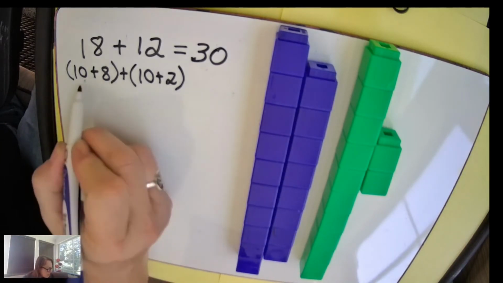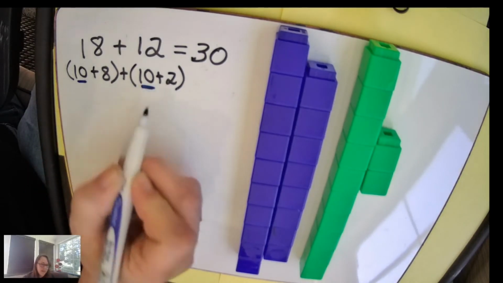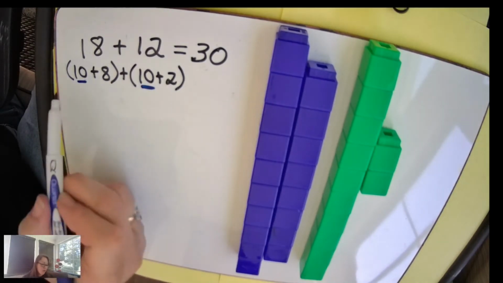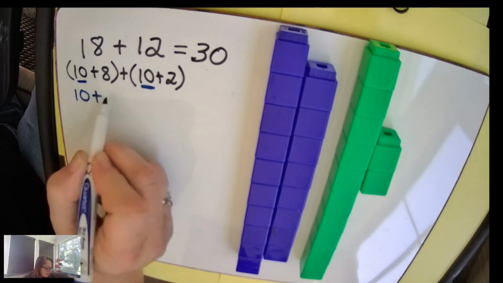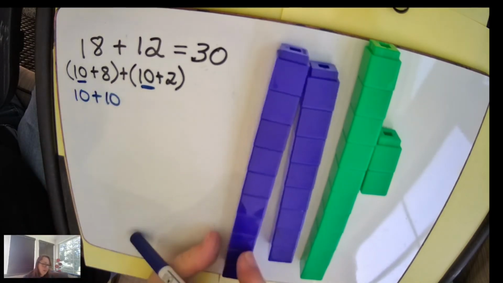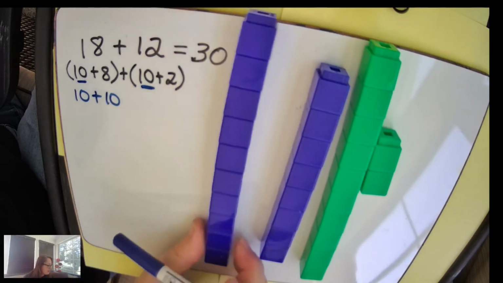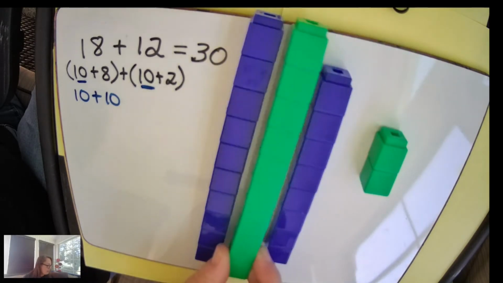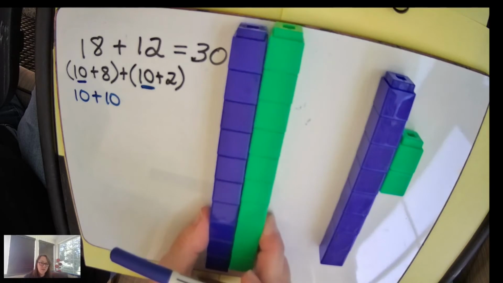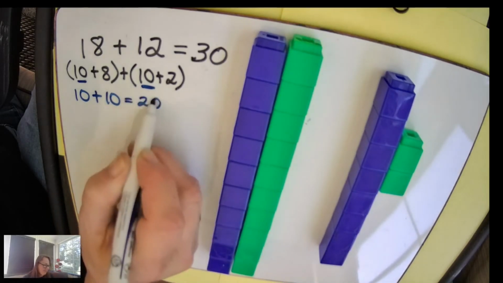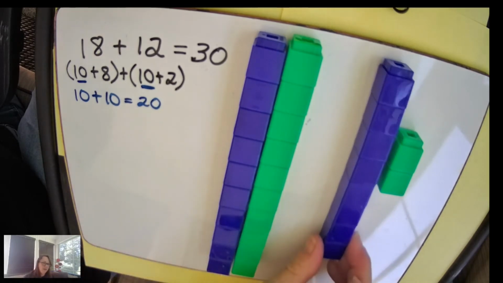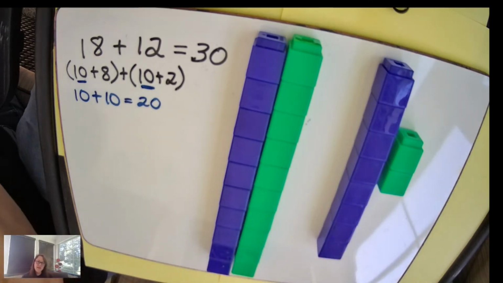All right, so she says when she added the 2 10s, she has 10 plus 10. Here's the 10 from the 18 and the 10 from the 12. 10 plus 10 is 20. Now, tell us more, Sarah.